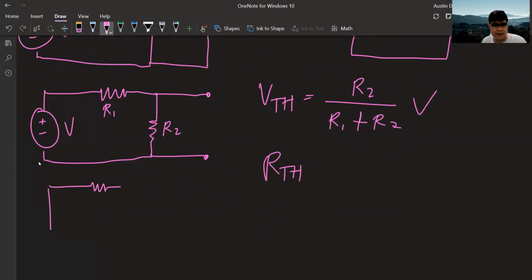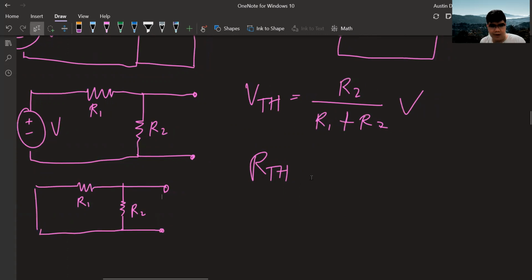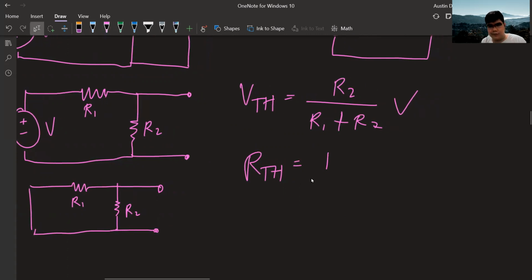So we have this R1, R2. So in these terminals, kung titingnan mo anong resistance nito, so that will be R1 parallel with R2.